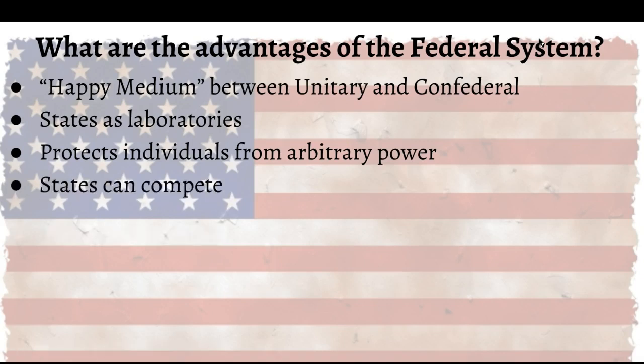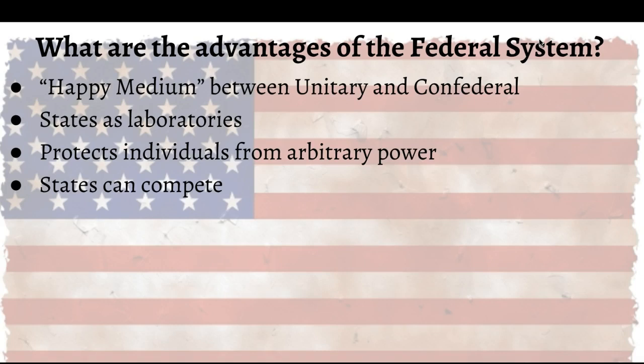And also under a federal system, states can compete and citizens can move to different regions that better fit their lifestyles. If one state better fits your lifestyle than another, then you have the ability to move there. It gives you this freedom to move about. So we see this all the time, people moving. A lot of the time they move for work purposes or because they get a better paying job in another state.